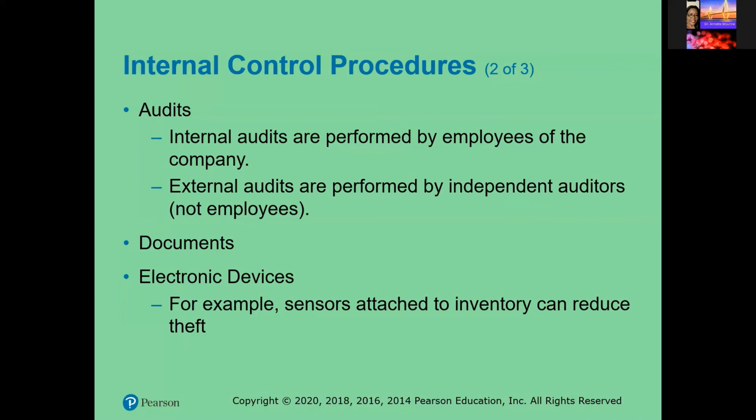Now, documents provide the details of business transactions and include invoices and orders, which may be paper or electronic. Documents should be pre-numbered to prevent theft and inefficiency. A gap in the numbered sequence draws attention. Accounting systems are relying less on paper documents and more on electronic documents and digital storage devices.